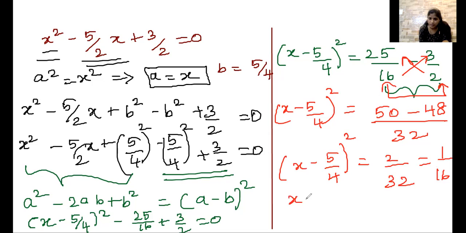So now I can say x minus 5 by 4 is equal to square root of 1 by 16. And square root of 1 by 16 can be written as 1 by 4, right?